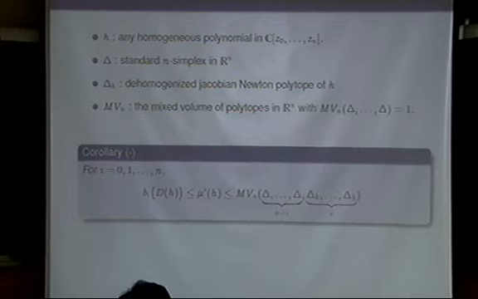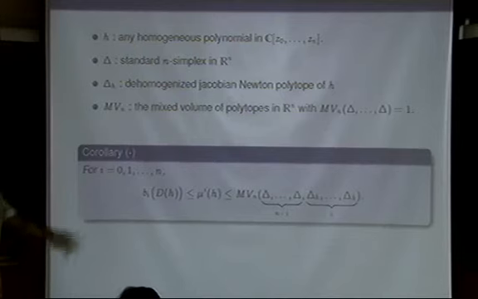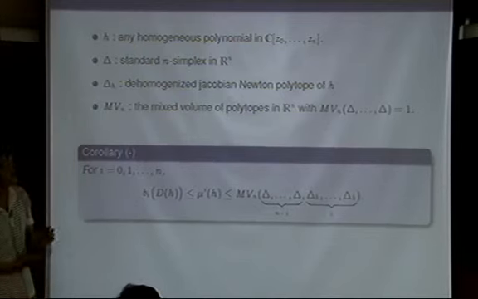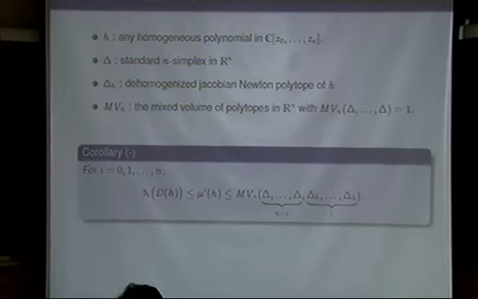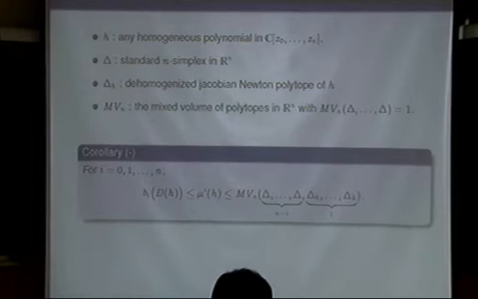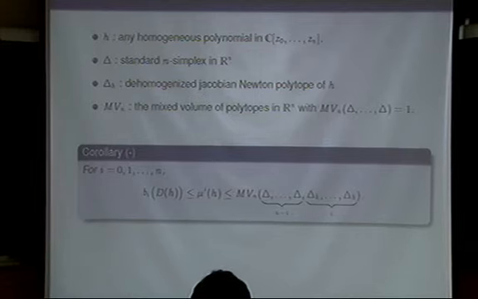as a corollary. So let h be any homogeneous polynomial in n plus 1 variables, and I'll write delta for the standard n-simplex in n-dimensional Euclidean space, and delta h for the dehomogenized Jacobian Newton polytope of h. And by that, I mean this. You look at all the possible monomials which can appear by taking partial derivatives of h.